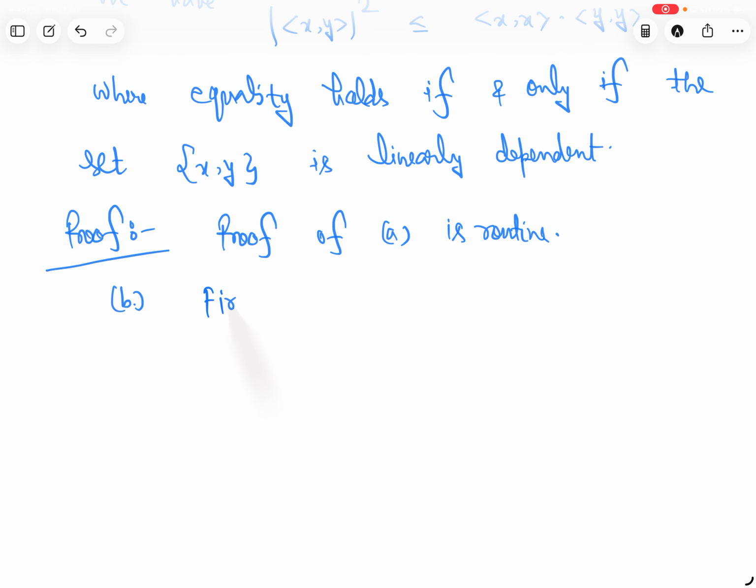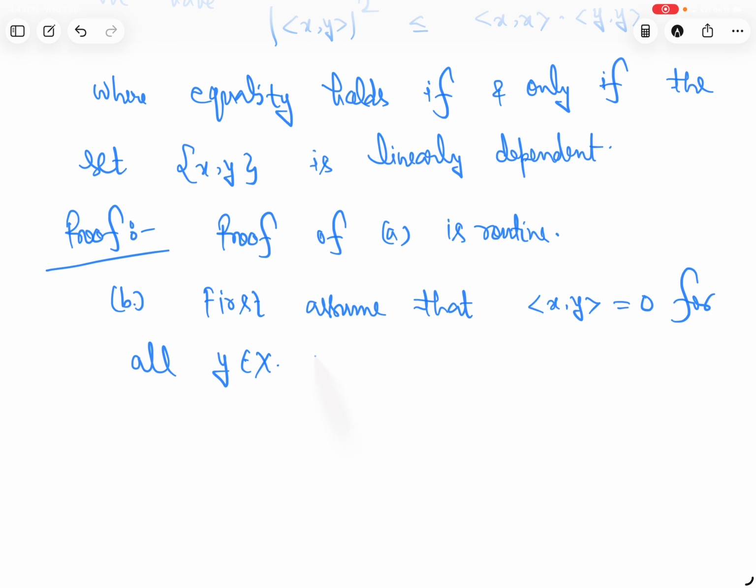First, assume that the inner product of x and y is equal to 0 for all y belonging to X. Put y equal to x. Because this equality is true for all y, I can take y equal to x. Then the inner product of x with x is equal to 0. And when this happens, by the definition of inner product, that means x is 0. Okay.